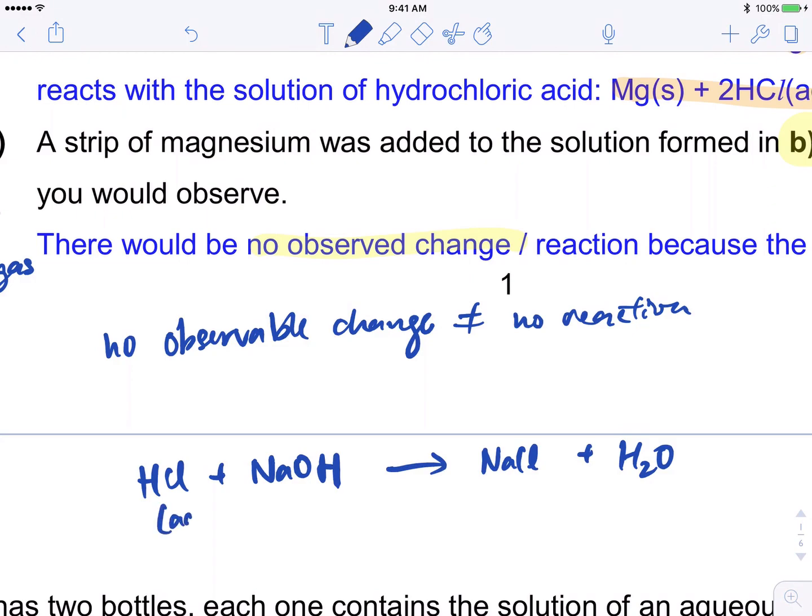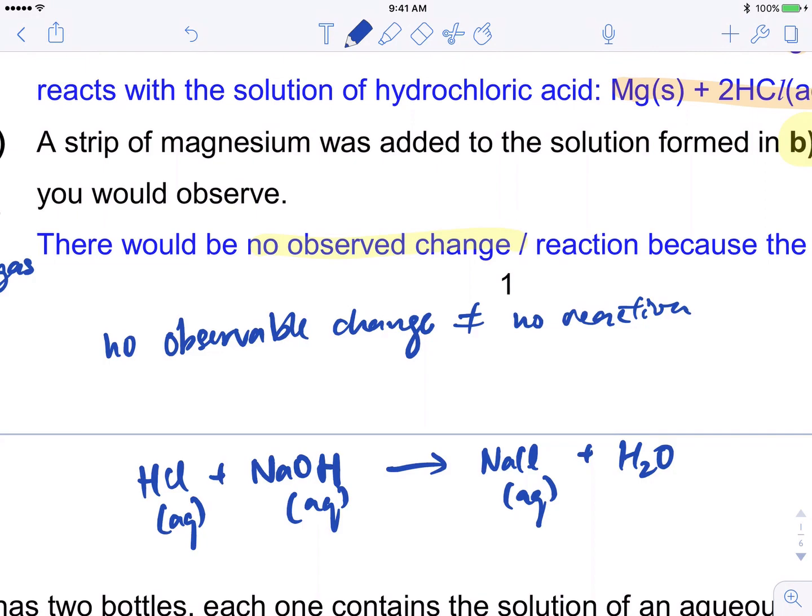Note that HCl is colorless, NaOH is colorless, NaCl is soluble in water, so it's also in aqueous state and colorless, and water is also colorless. So when we react these two together, we should not see any change. So even though a reaction has taken place, there is no observable change.